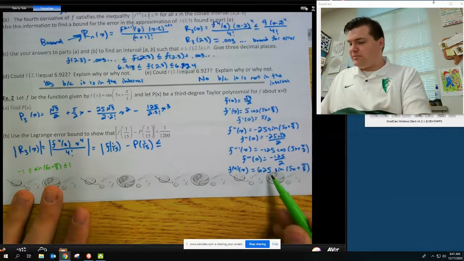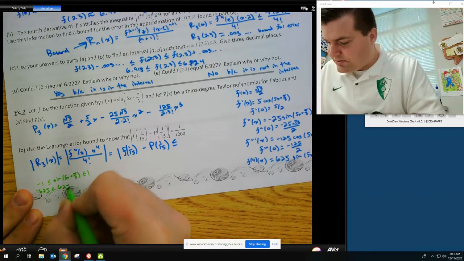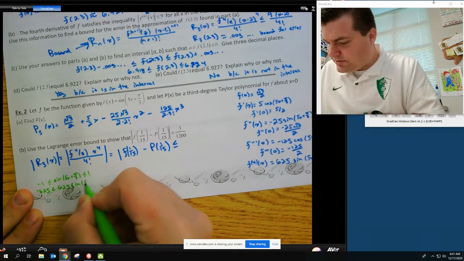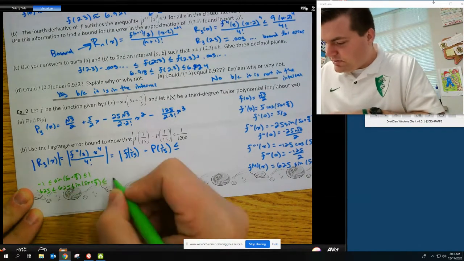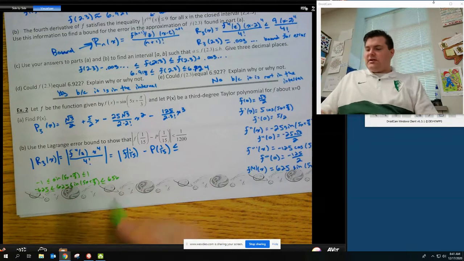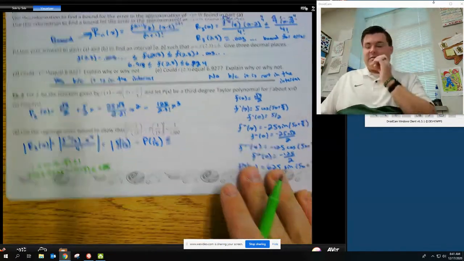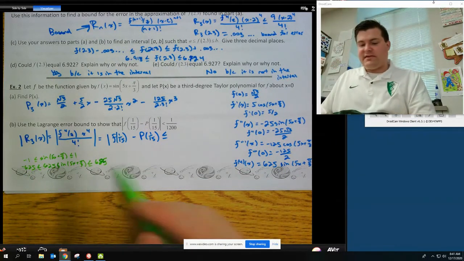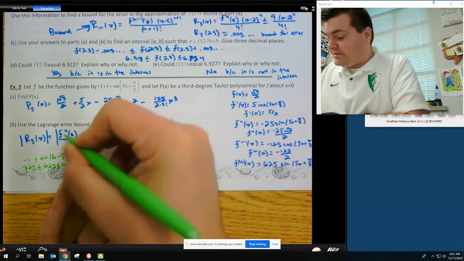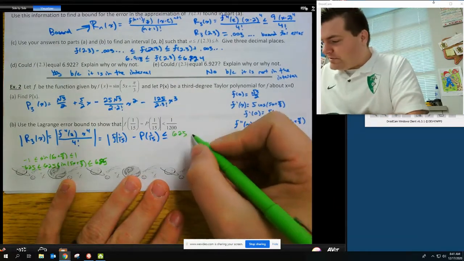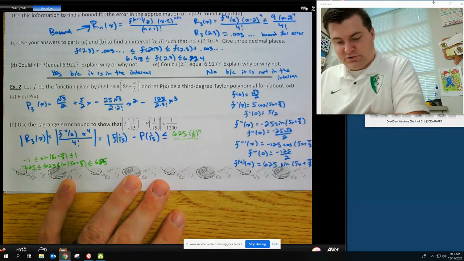Now if I multiply it by 625, it's going to be between negative 625 and 625. So the maximum value here is going to be 625. That is going to be 625 times x to the fourth, which is 1/15 to the fourth, all over 4 factorial.